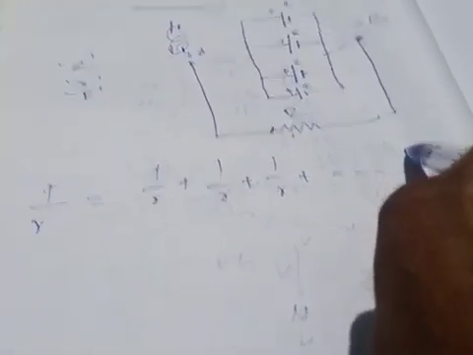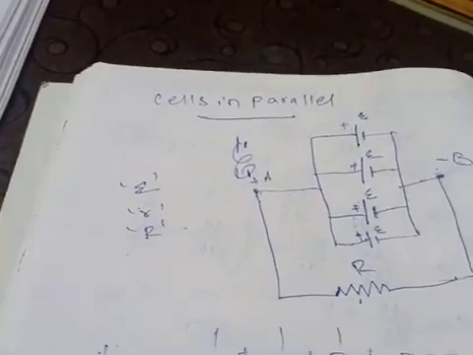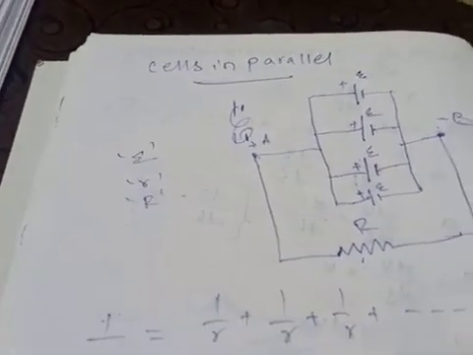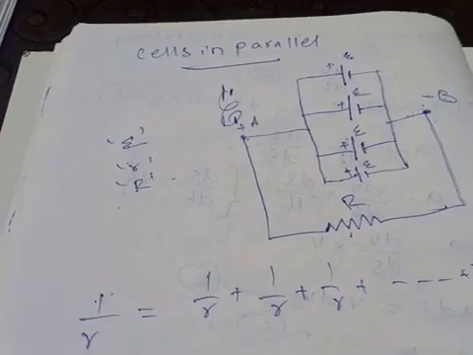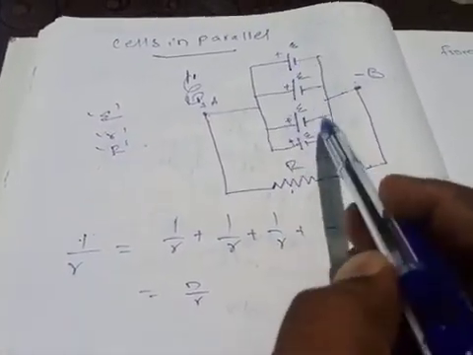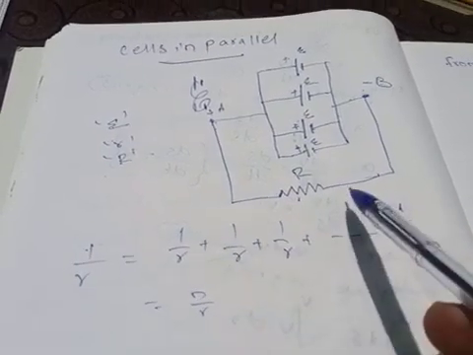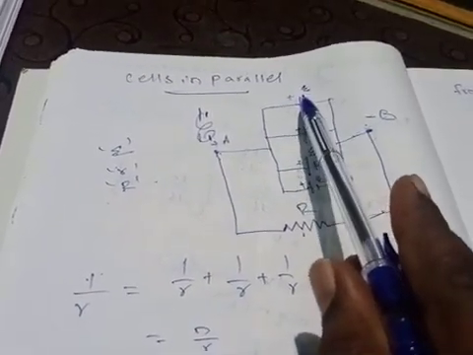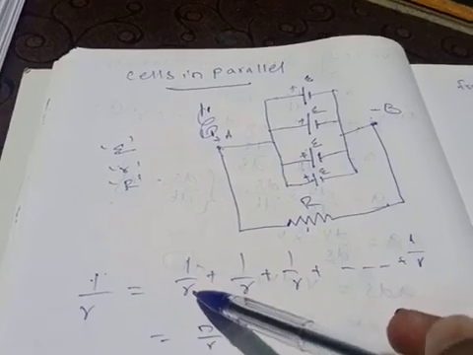So you can write this as 1 by R equals N times 1 by r. Okay. So here you see many cells are connected in parallel, each cell having its resistance r.